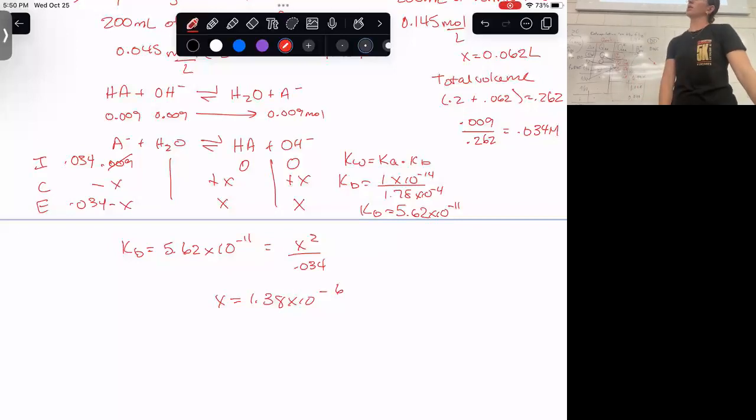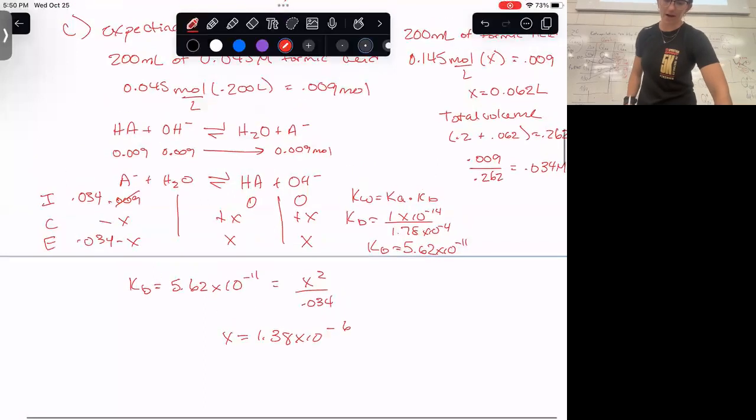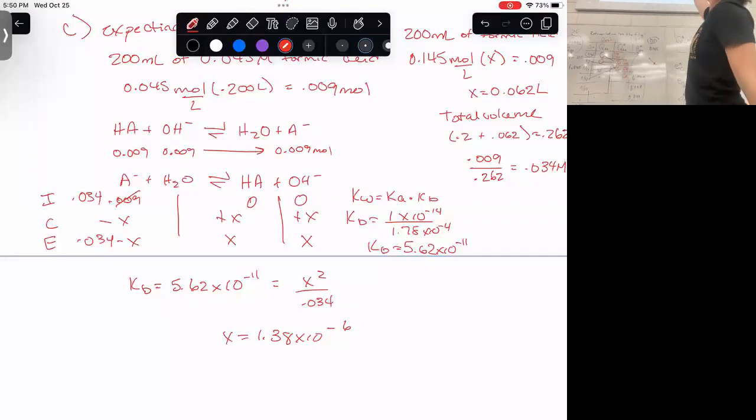Could you have used the Ka that was given, the 1.78? I don't think so. The only way you could use Ka is if instead of flipping your equation, you did the reverse. You see how we have HA plus OH going to H2O and A minus?